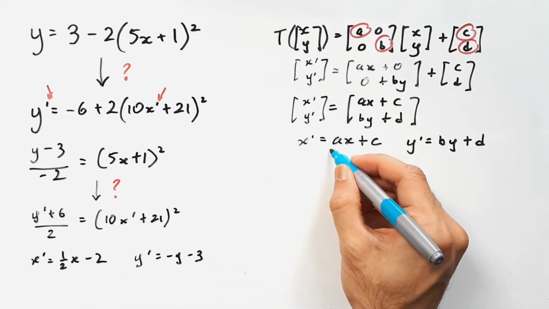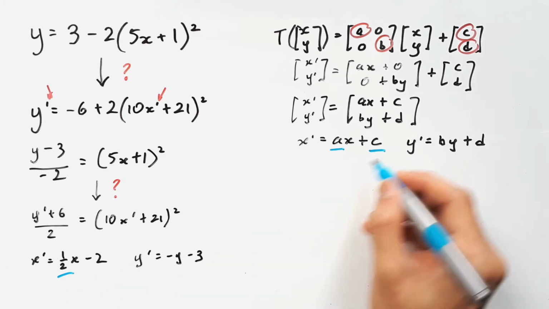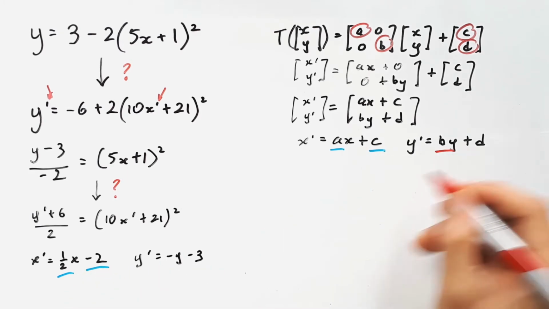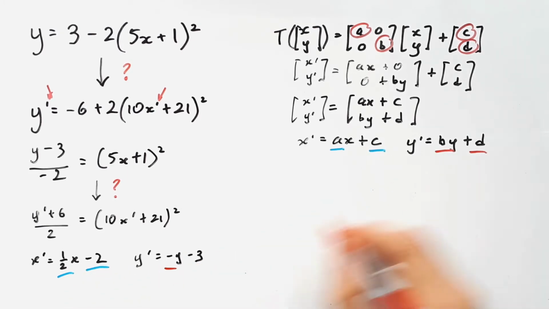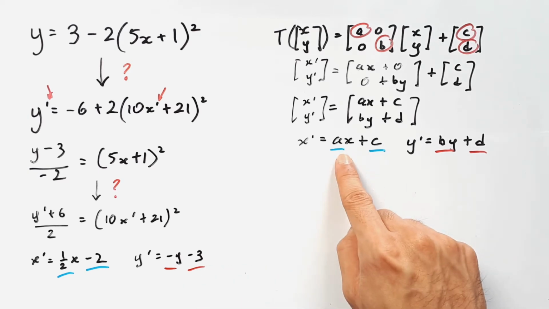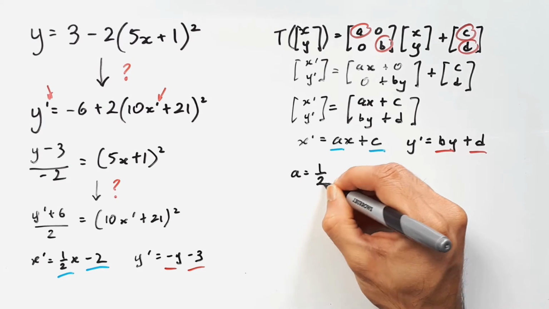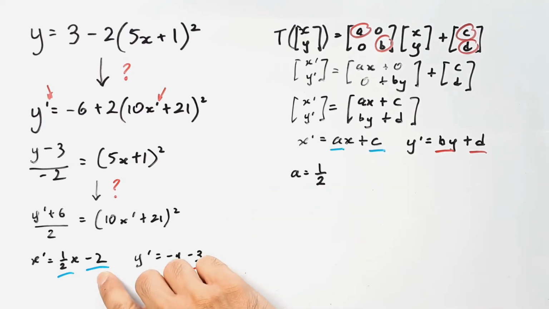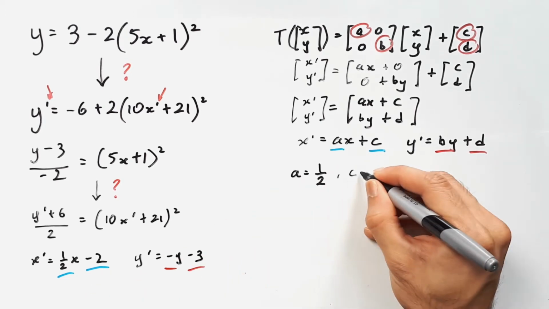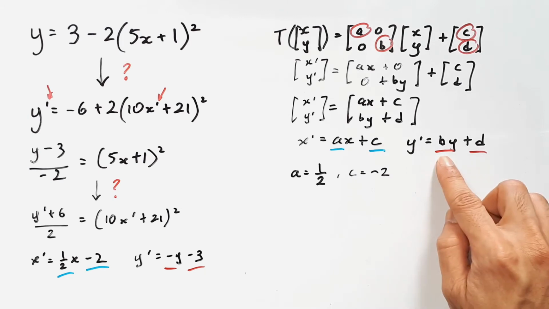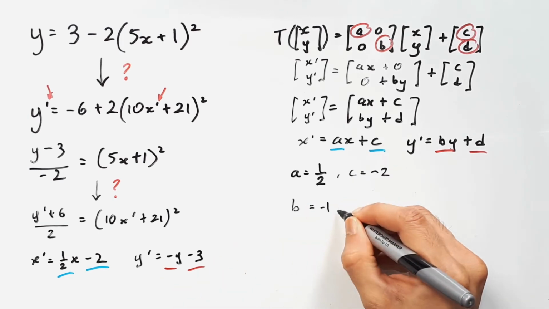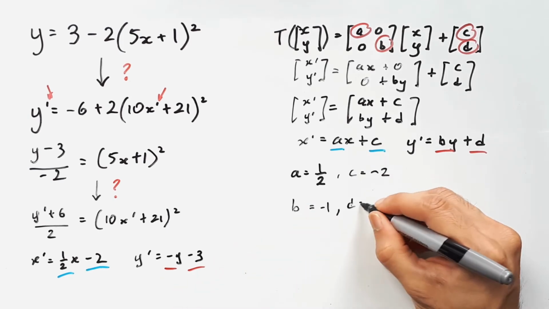So it's really just a matter of comparing these terms together to see what the values would be for A, B, C, and D. For example, when you compare the x terms together, we can see that A should equal half, and C must be that constant next to it, and so C is negative 2. We can do something similar with the y terms, and so B is negative 1, while D is negative 3.